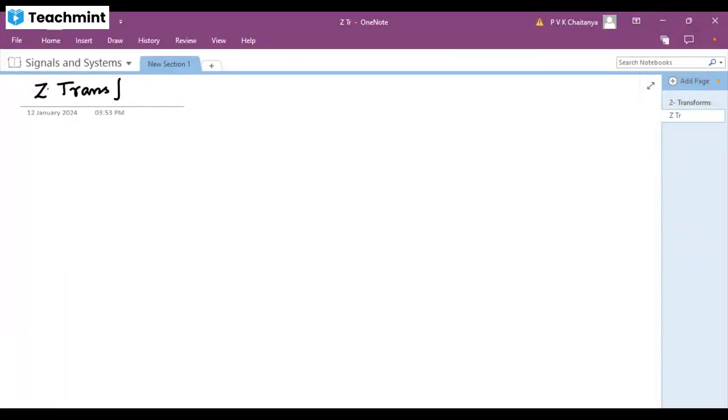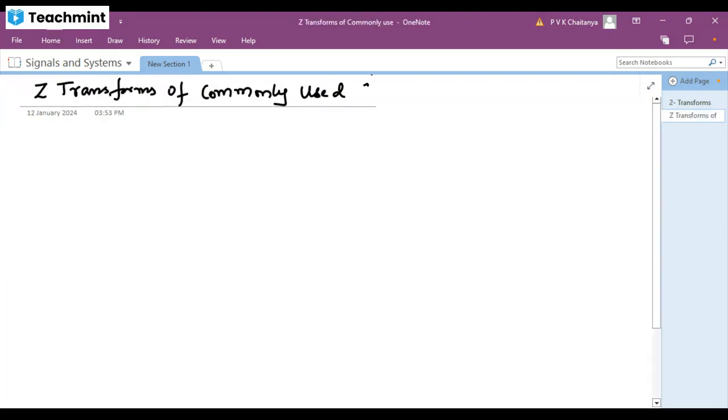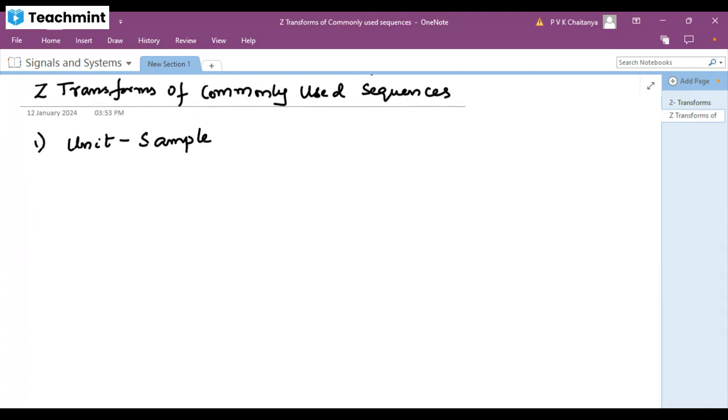Z transforms of commonly used sequences. The first one, the unit sample sequence, that is x of n is equal to del of n.